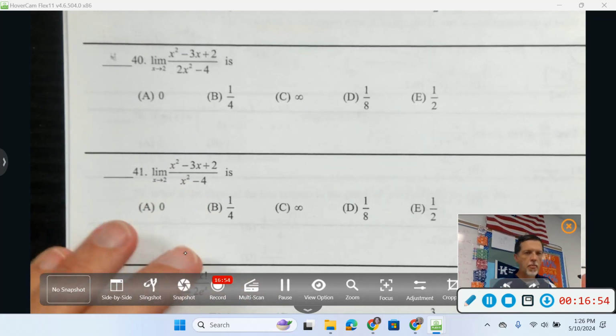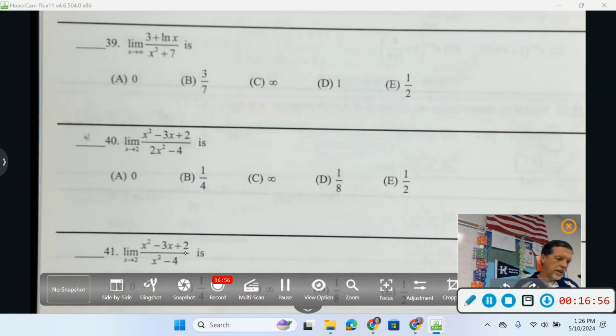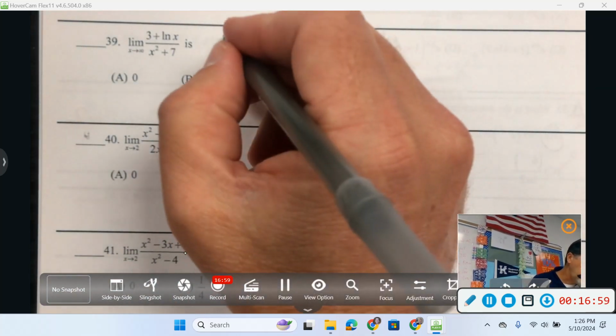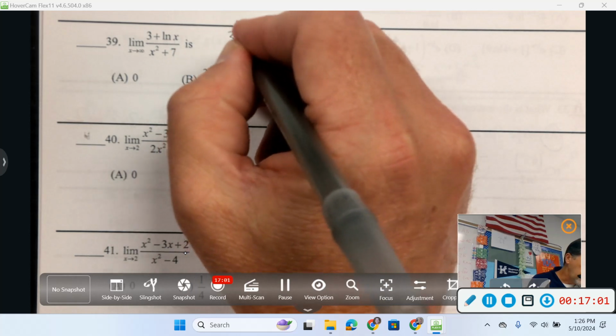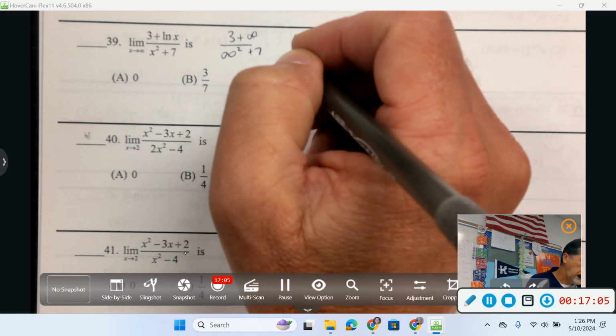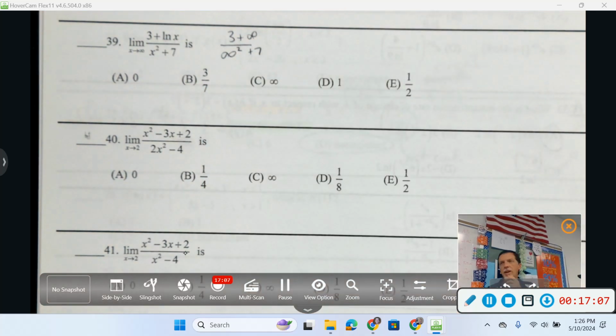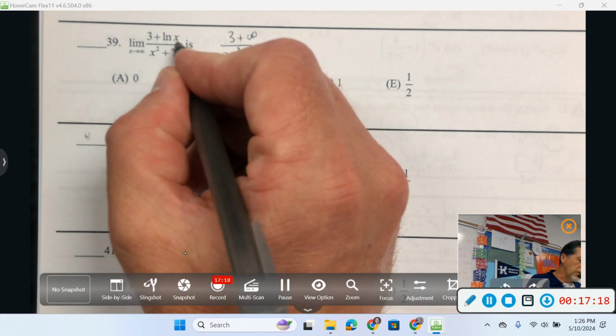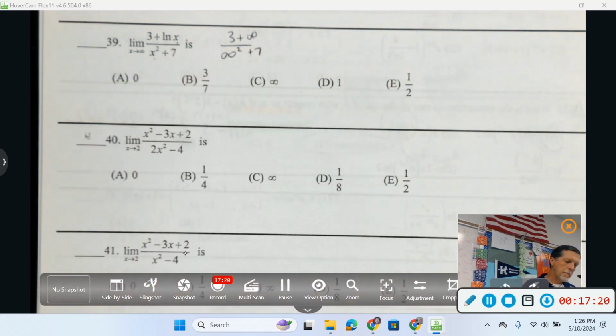39. Let's plug in infinity and see what happens. But 3 plus infinity over infinity squared plus 7. So I've got to be careful about this, the which-infinity-is-more-infinity-than-the-other-infinity situation. So the 3 and the 7, that doesn't do much for me. But who's bigger, natural log or x squared?